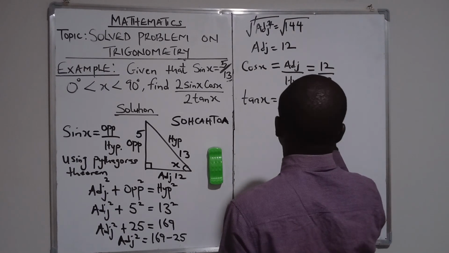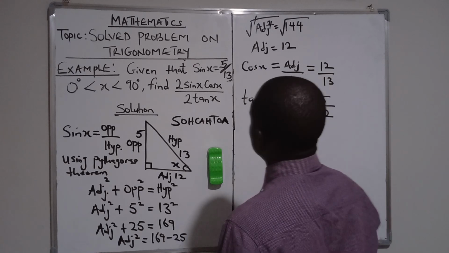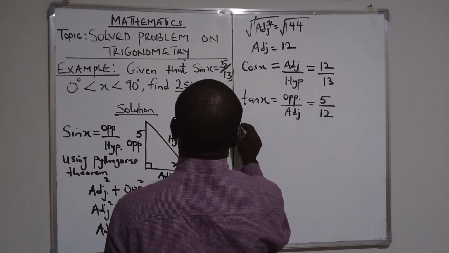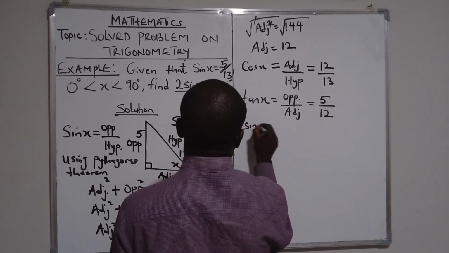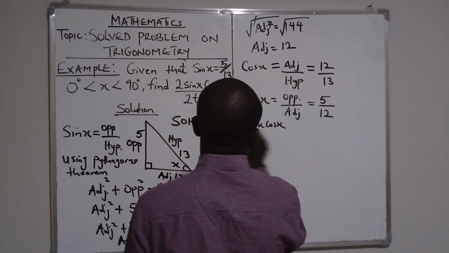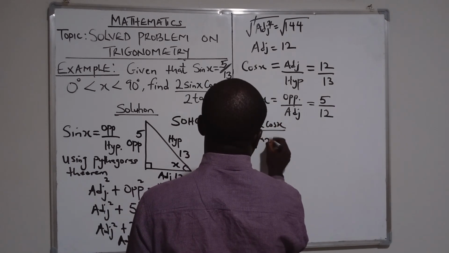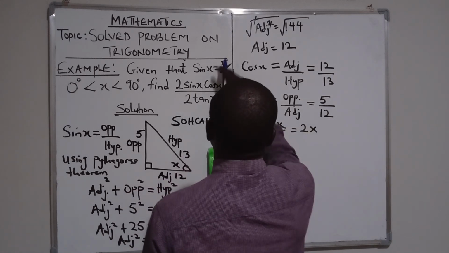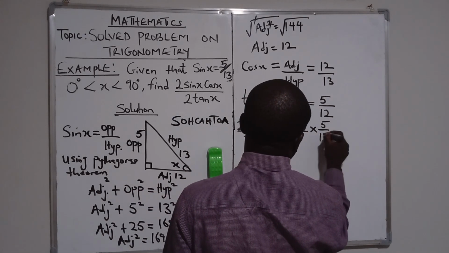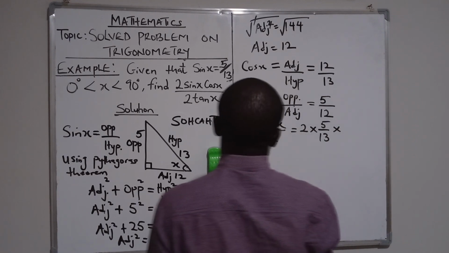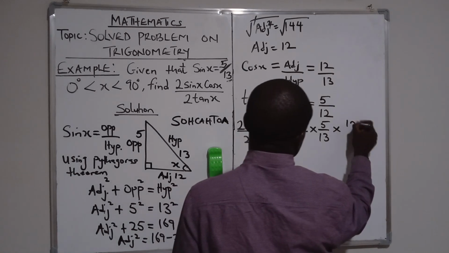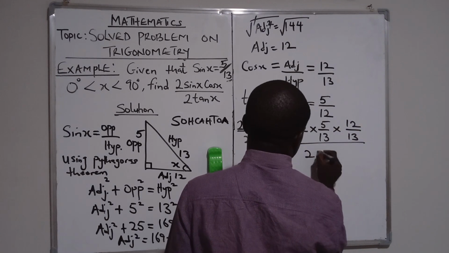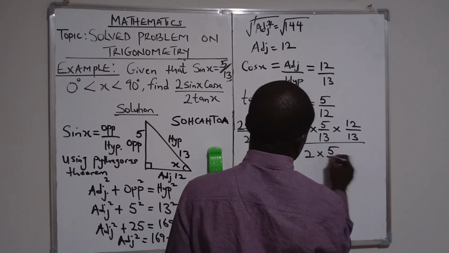Now 5 over adjacent is 5 over 12. Now go back to our expression, which is 2 sine x cos x over 2 tan x. It equals 2 times sine x, which is given as 5 over 13, times cos x, 12 over 13, divided by 2 times tan x, 5 over 12.